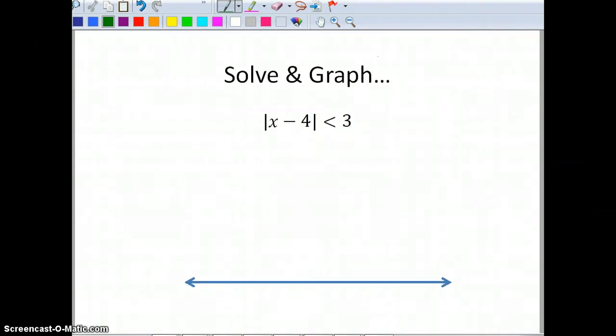So just like when we solved an absolute value equation, when we solve an absolute value inequality, there are going to be two possibilities. One possibility is what's inside your absolute value bars is actually positive. So I could have x minus 4 is less than 3. And then we also have the possibility that what's inside here is negative.